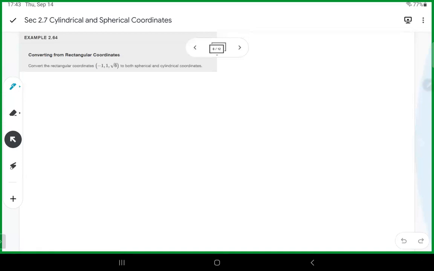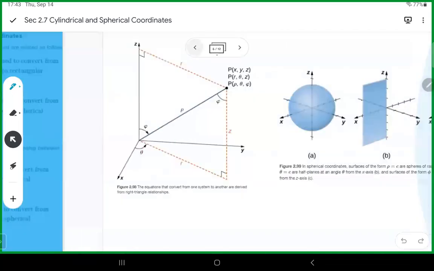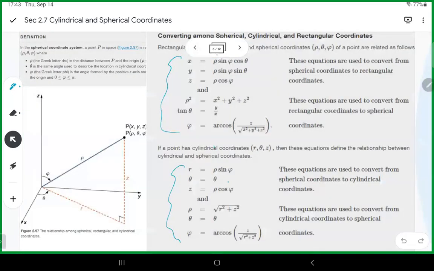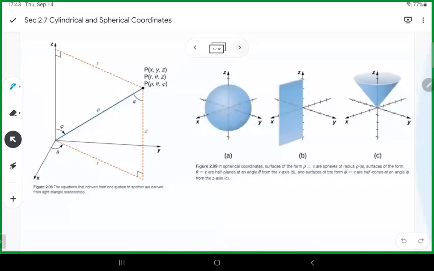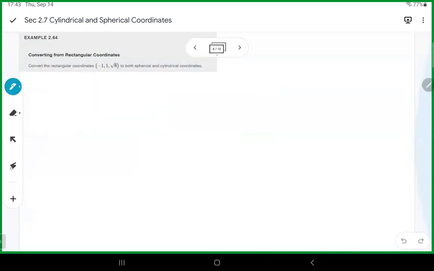Let's go back. Okay. I'm going to give you guys the formulas you might need for this and see if you guys can work it out. So here's what we know.